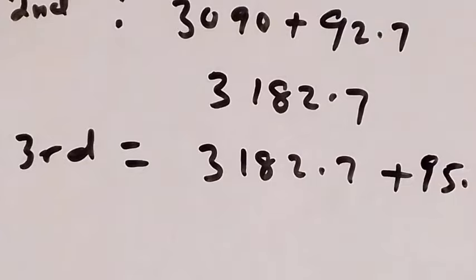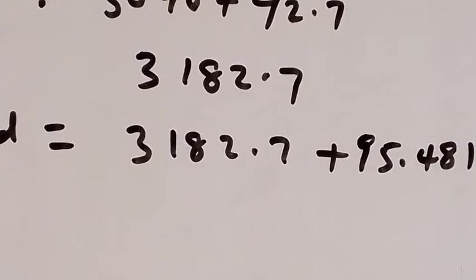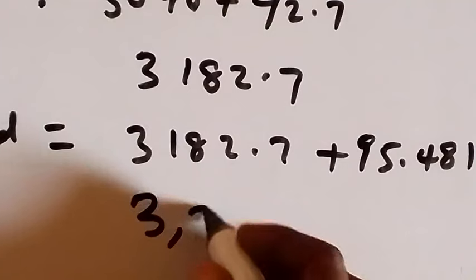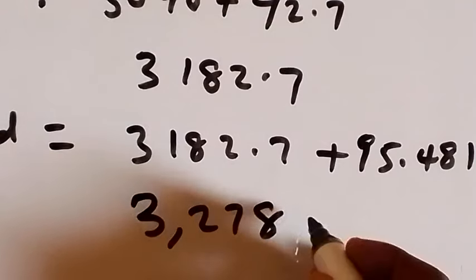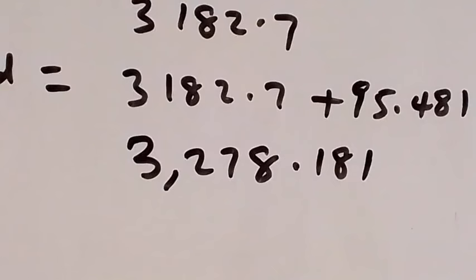When we sum this with 3,182.7, that gives us 3,278.181.